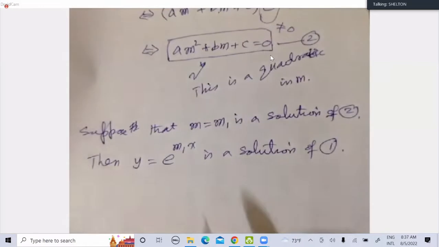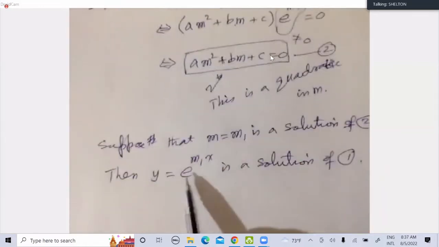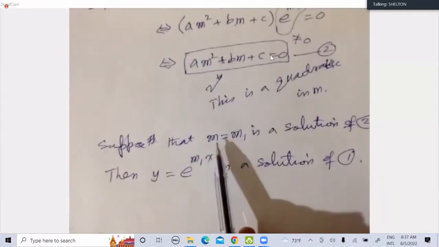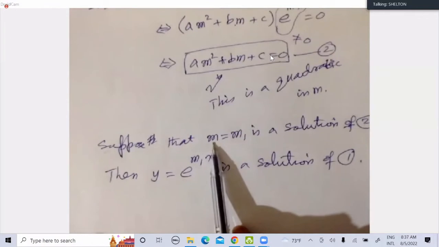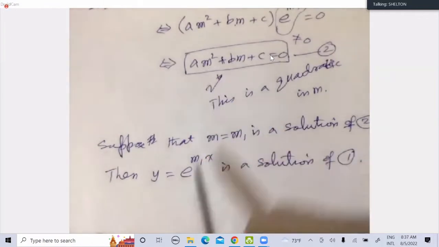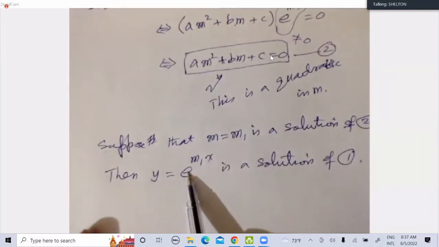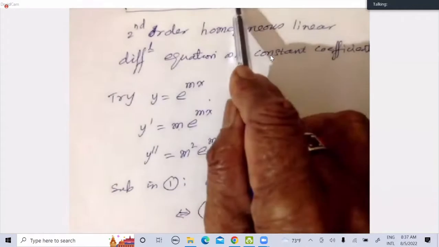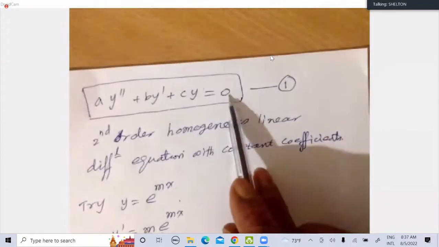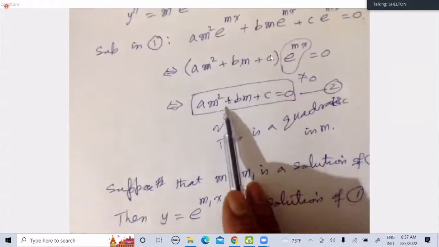If you have a solution of this equation, we get a solution of the differential equation. To solve the differential equation, we have to solve this quadratic equation.